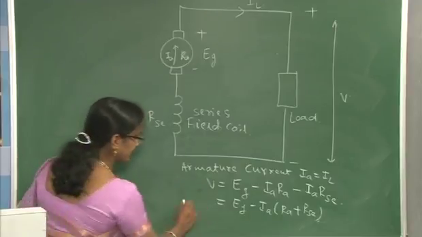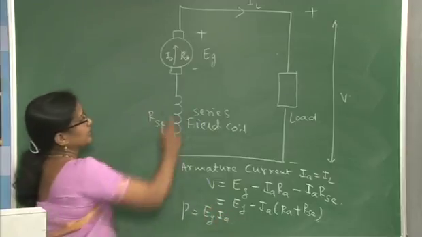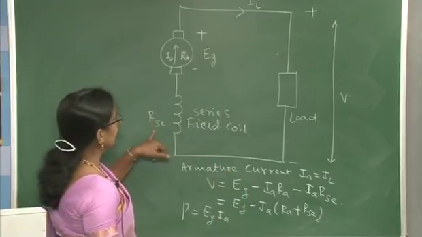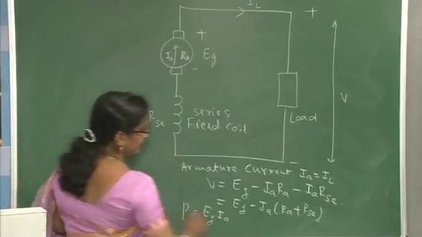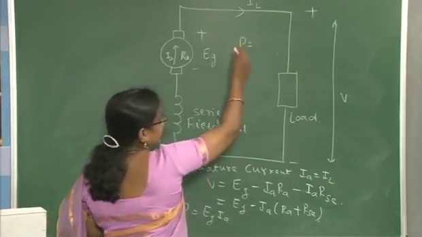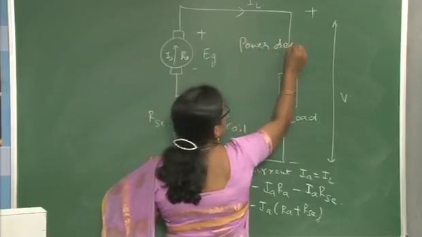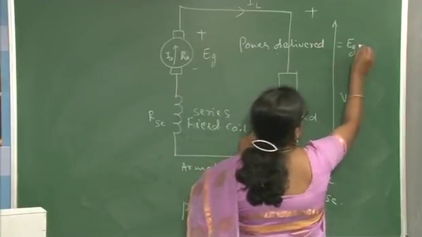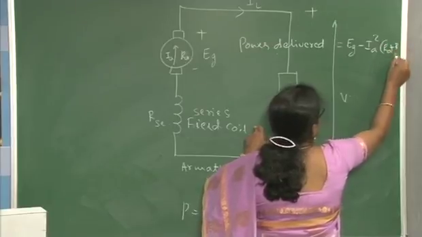Then the power developed P is equal to EG into IA, but when you are going to consider the power delivered to the load, you have to neglect the voltage drop across this. So, power delivered to the load is equal to EG IA minus IA square, the total resistance is RA plus RSE.